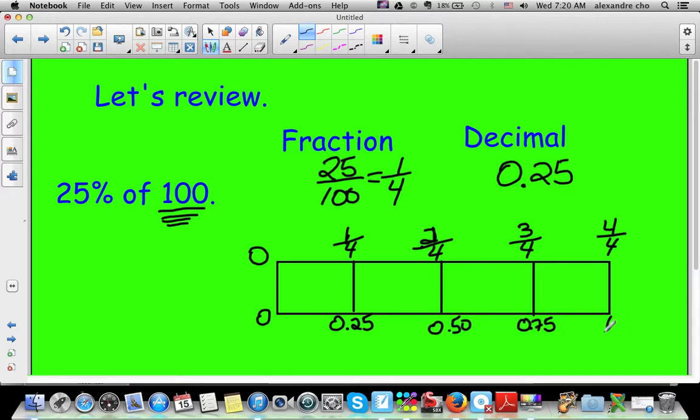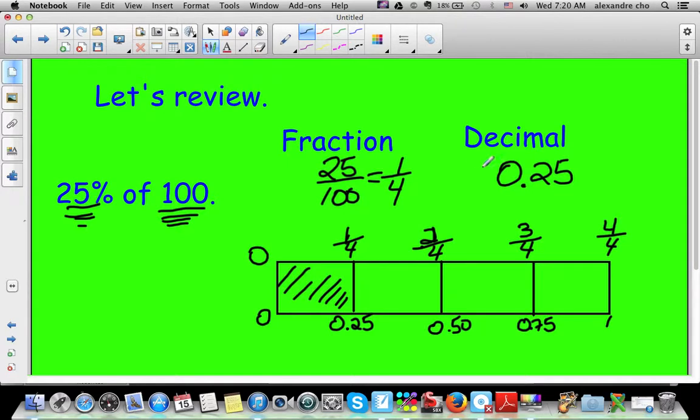And this would be 1, or in this case, let's imagine 100 pennies. Okay, so 25% of 100, you can tell it would be this shaded part. Another way to say it is 25% is 25 out of 100, which is 1/4.